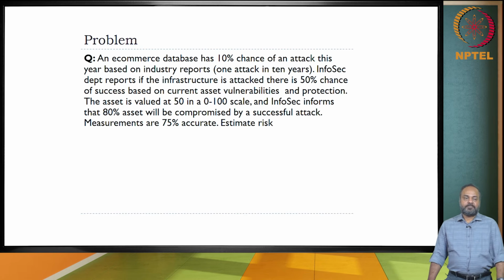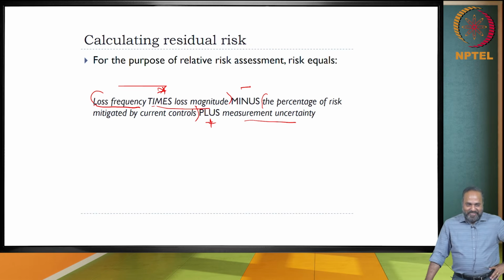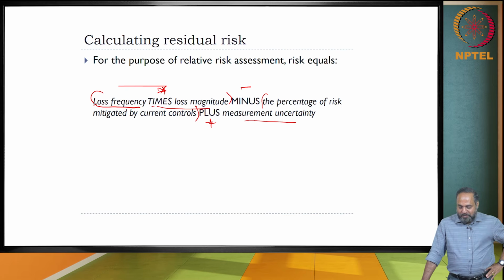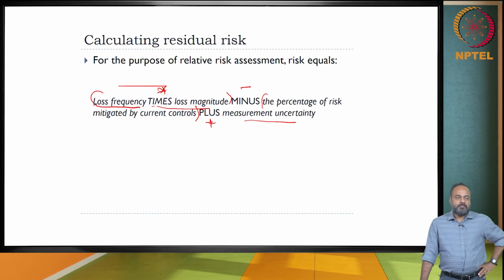Estimate risk. Yeah? You forgot the formula. Okay. You can note it down. LF into LM minus current controls plus measurement uncertainty.